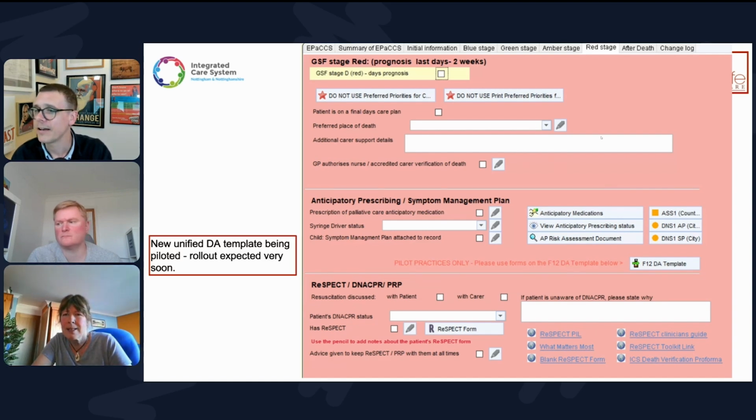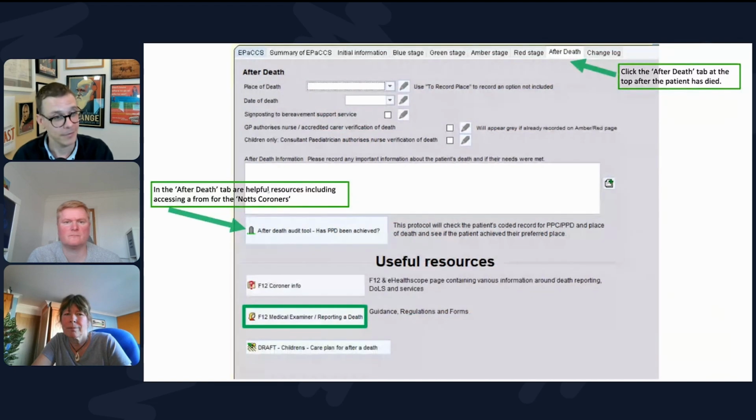So, and then the after death page. Do you want to go through that? Yeah, a few things to comment on here. It links to the after death clinical template. Do you use that in your practice, Andy? I must admit, we have a process in my practice where one of the admin team would fill in the initial information here, and then we have a separate template.